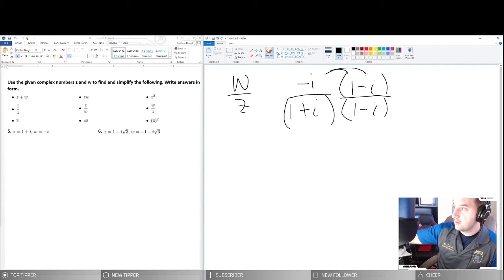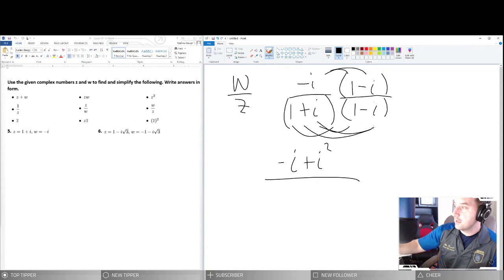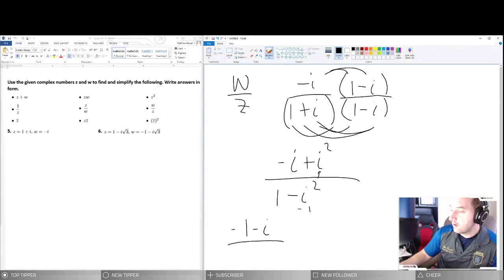So if I distribute the top, you get negative i plus i squared over, if you distribute the bottom, you're going to get 1 minus i squared. i squared is negative 1. So that's going to go to negative 1, so you're going to get negative 1 minus i. And then this is negative 1. So 1 minus negative 1 is 2.